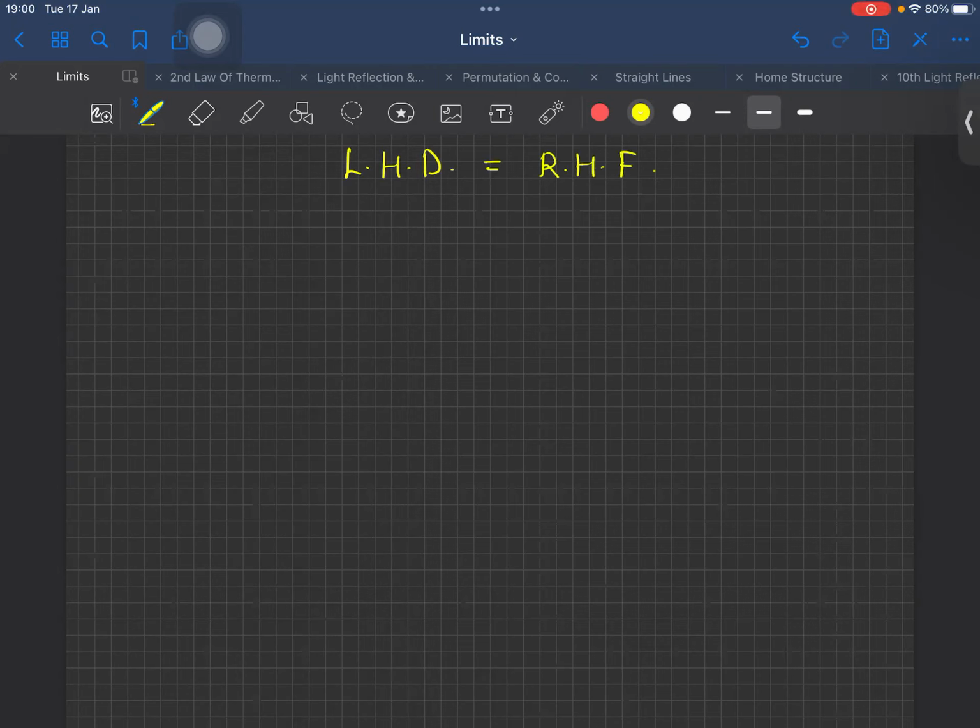And that's why we say that the derivative exists. That means if this condition is not satisfied, the derivative will not exist. Understood? Yes or no? Anybody is having doubt here?